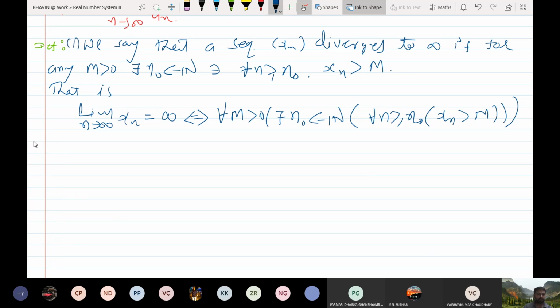Next definition is this: a sequence diverges to minus infinity.